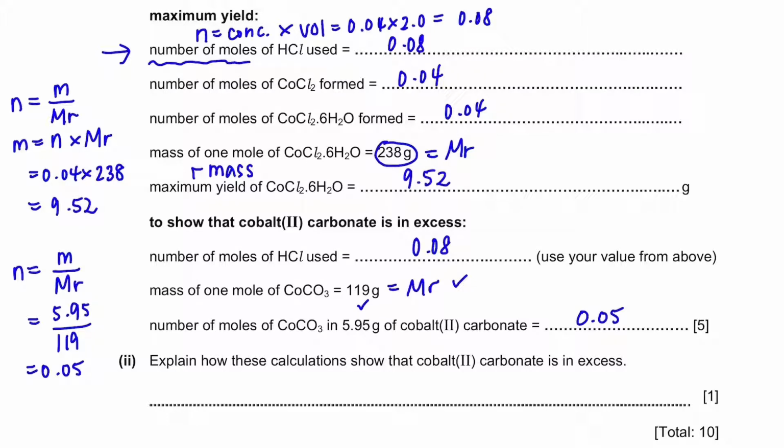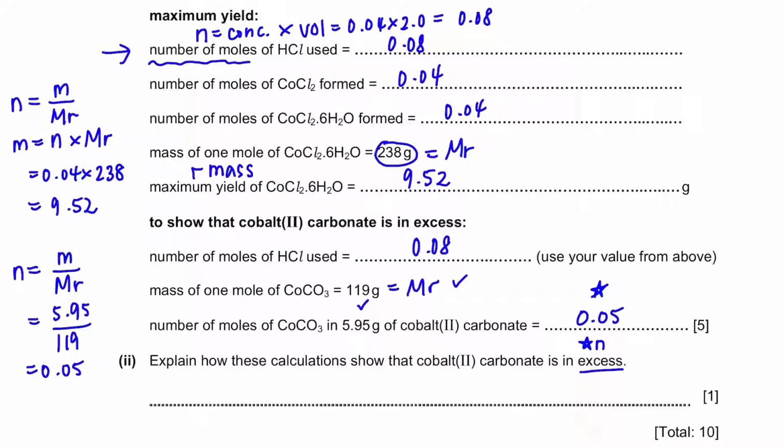Part 2 is asking us to explain how these calculations show that cobalt 2 carbonate is in excess. When we want to find out if a substance is in excess, we need to compare the number of moles. We have just calculated that 0.05 moles of CoCO3 were used in the beginning because the question said 5.95 grams of it were added.